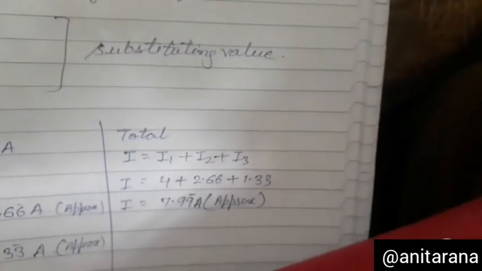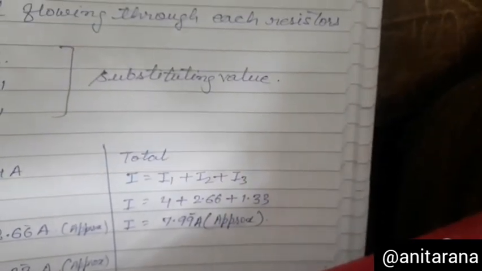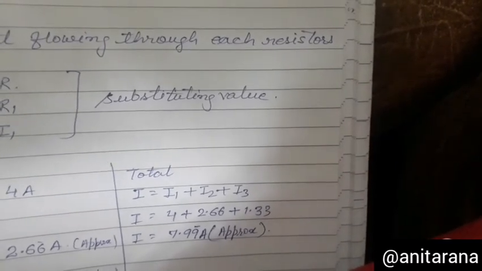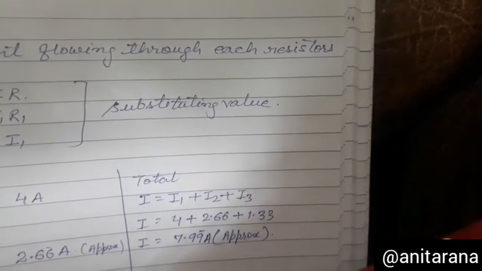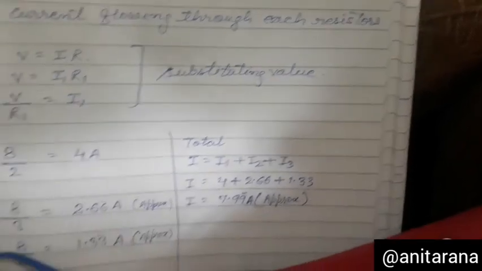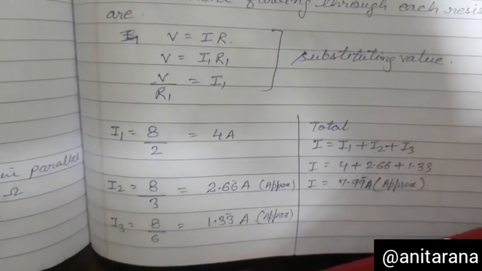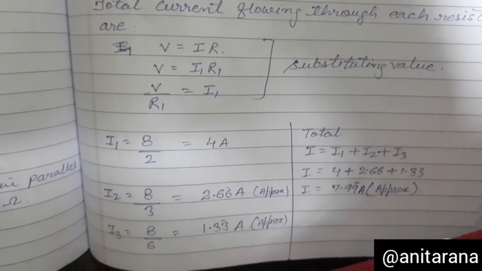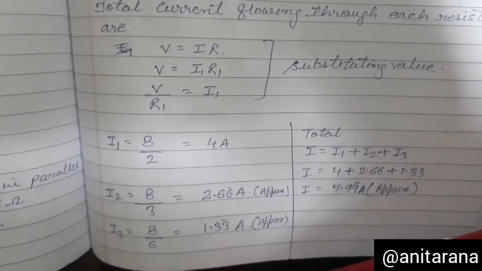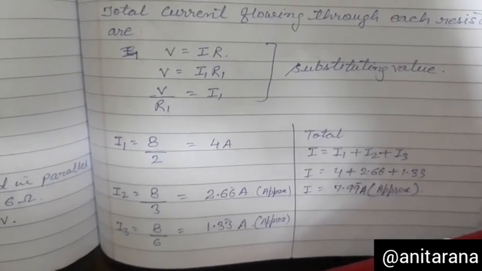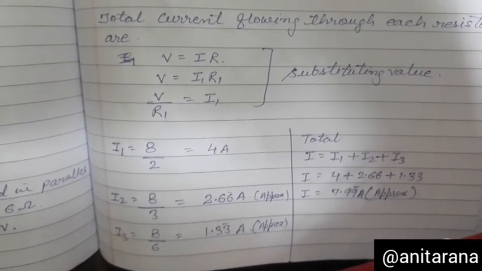So the total current flowing is I equal to I1 plus I2 plus I3. Substituting the values, we get I equal to 7.99 ampere approximately, because when we calculated 8 by 3 we got 2.66 with the 6 recurring, so it is approximately 2.67.